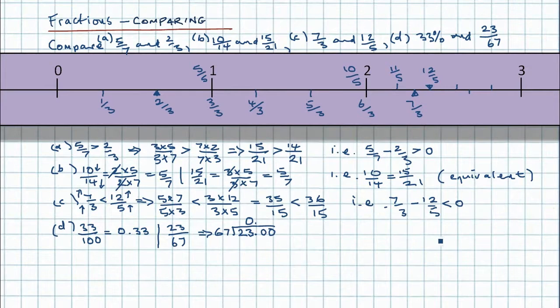3 times 67 is going to be the same as 3 times 70, subtract 9. So 3 times 70 is 210, subtract 9 is 201. Okay, and that sounds about right. So we've got 201 here. And if you're not sure, always go to the side to do those calculations.